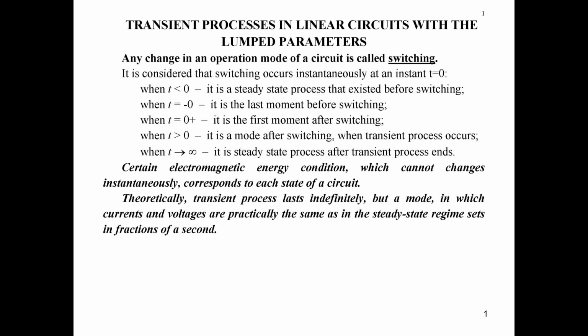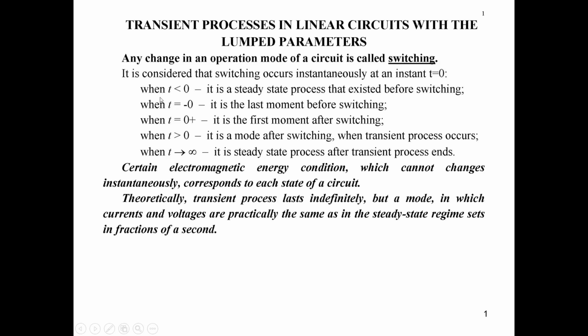It is agreed that switching occurs instantaneously, and the time instant at which it occurs is considered equal to 0. So we have t equal to 0, the moment of switching or commutation. It's the same term for the same event.